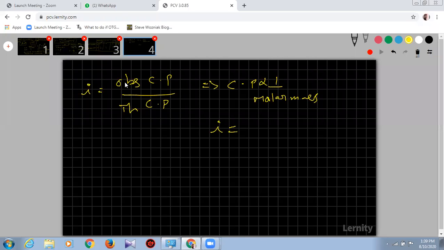Here it is observed by theoretical. Now if you write it in terms of molar mass, what will it become? Theoretical molar mass upon observed molar mass.